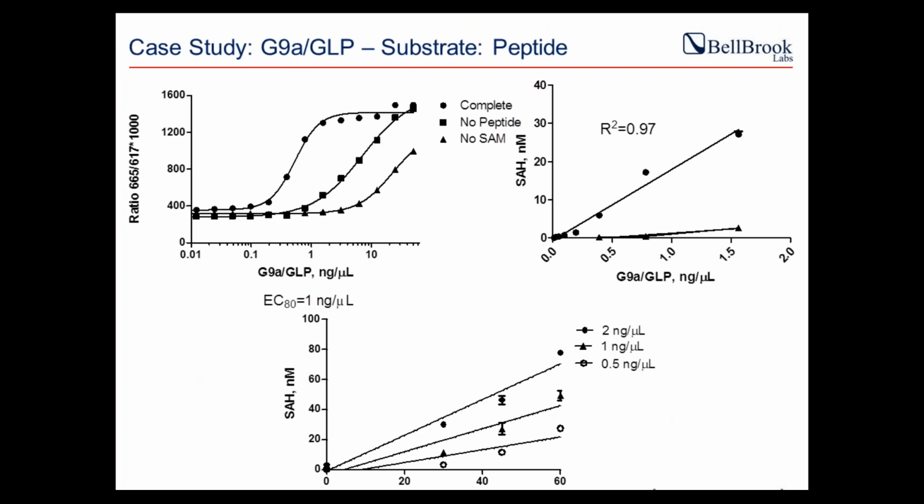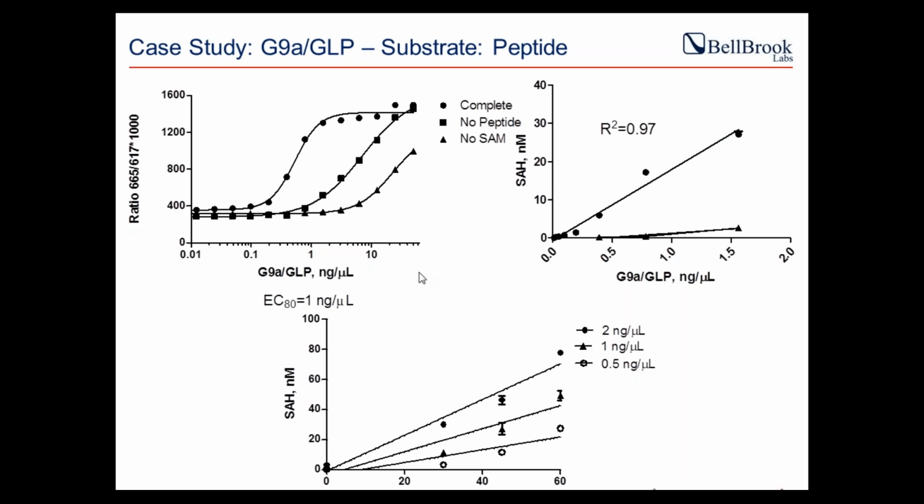So next we took a closer look at some histone methyltransferases. The first example is G9A-GLP. It's a complex protein, and it was titrated using 10 micromolar H3 peptide. The peptide was from 1 to 21, and I think we got it from AnaSpec.